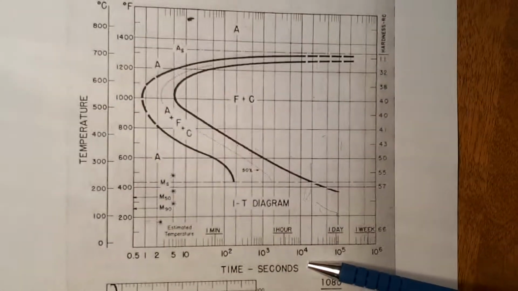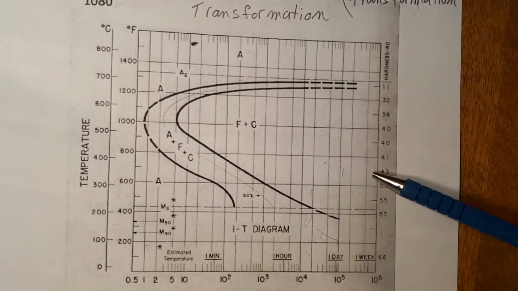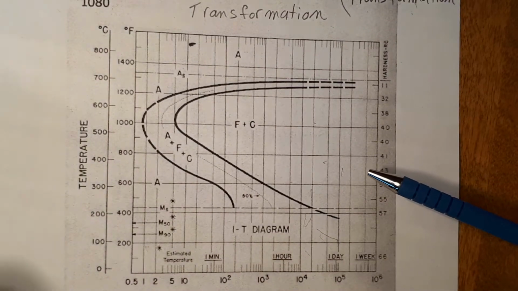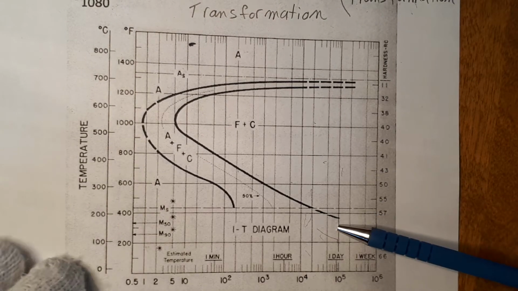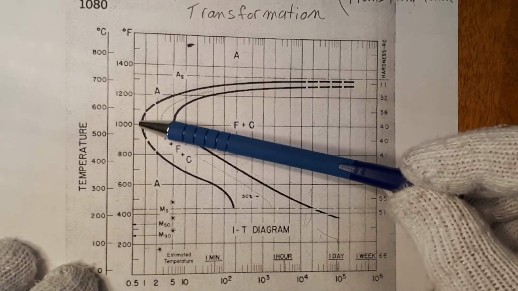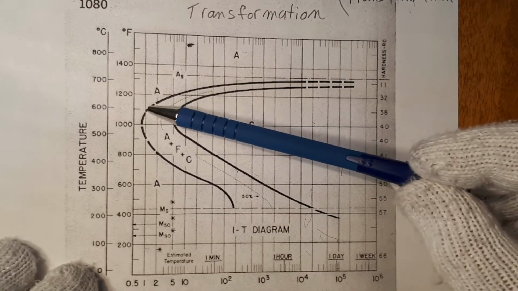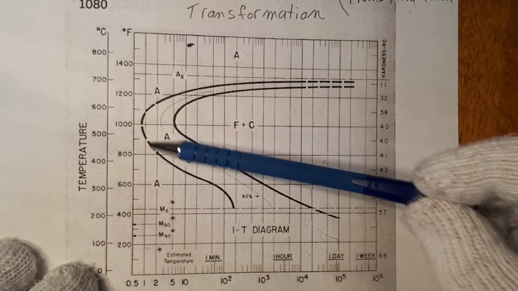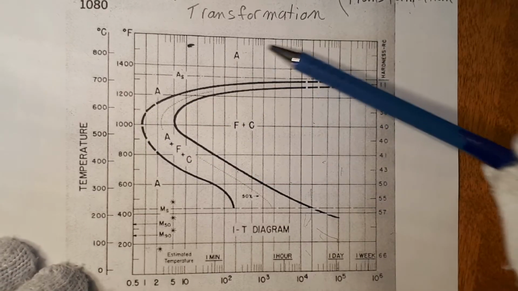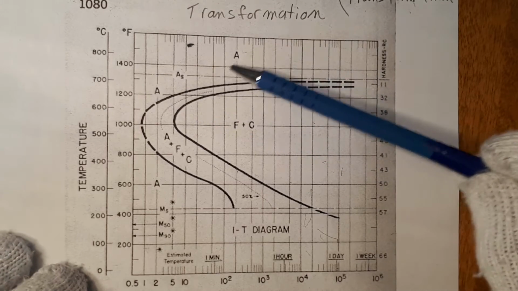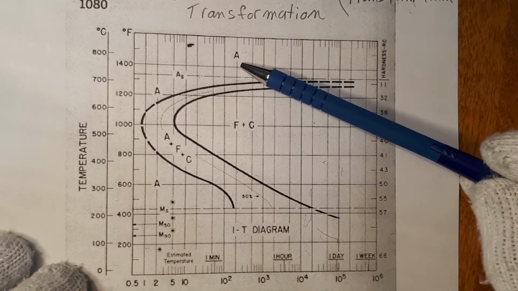Going back to our TTT diagram. This curve right here is known as the nose of the diagram. This region up here, where it has the letter A, is austenite.